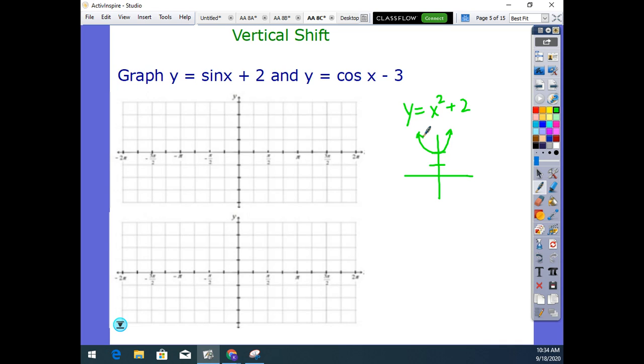The same thing holds true for trig functions. What it does, this is our new principal axis or midline. So now, instead of y equals 0, we're going to wiggle around where y is 2. So that's our point of equilibrium.